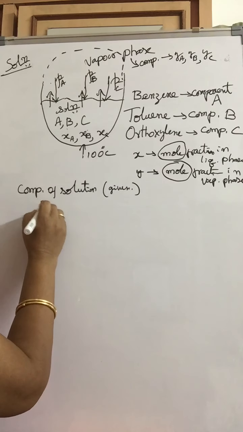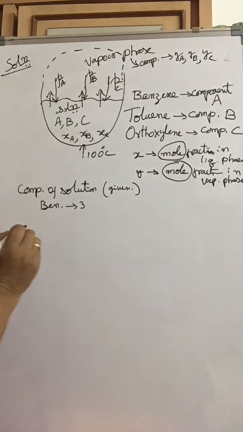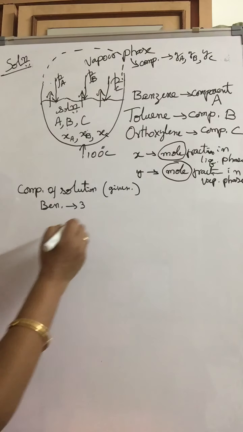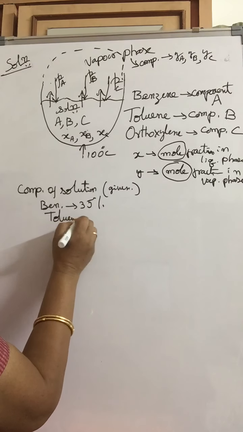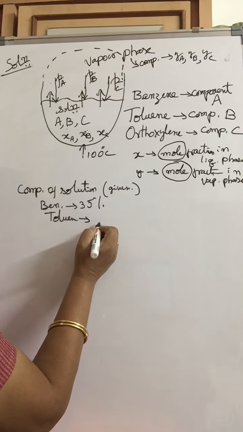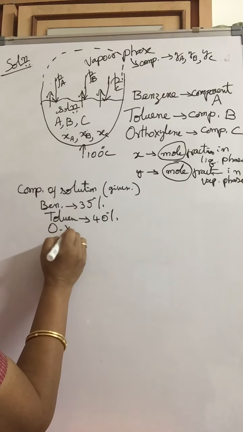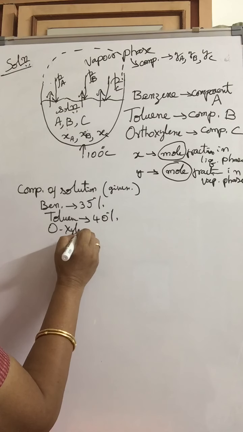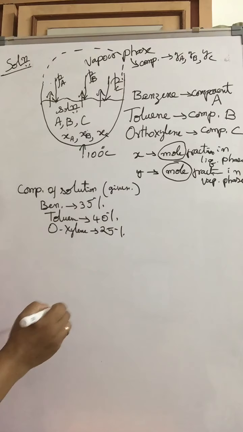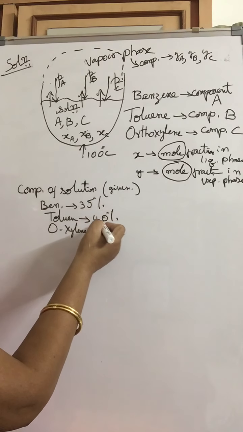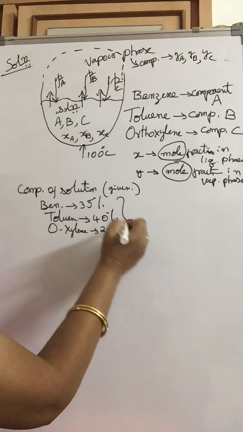Composition of solution given: benzene 35%, toluene 40%, oxylene 25%. If you add 35, 40, 75, plus 25, that is 100%.